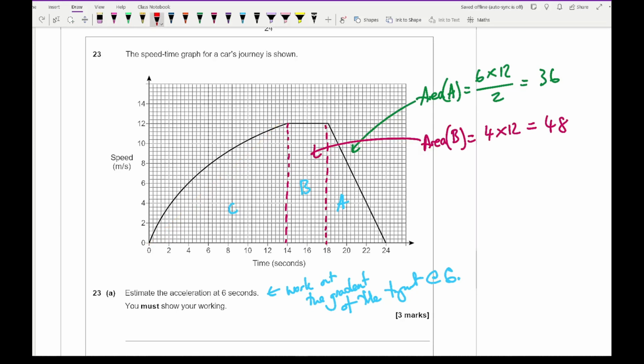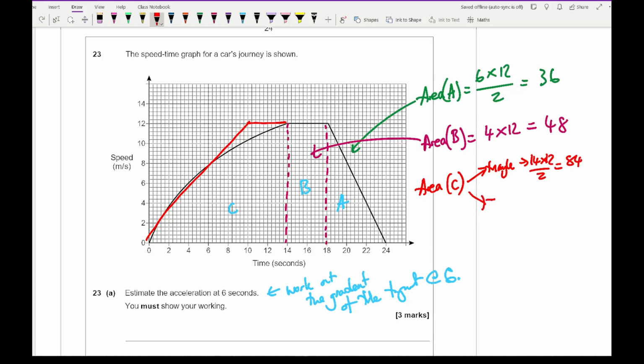So in terms of this, I could maybe work out what this area here is going to be, and then we then need to work that out. So in terms of area of C, if you treat it like a triangle, then it's going to be 14 times 12 divided by 2 equals, and that's going to give me a total of 84.